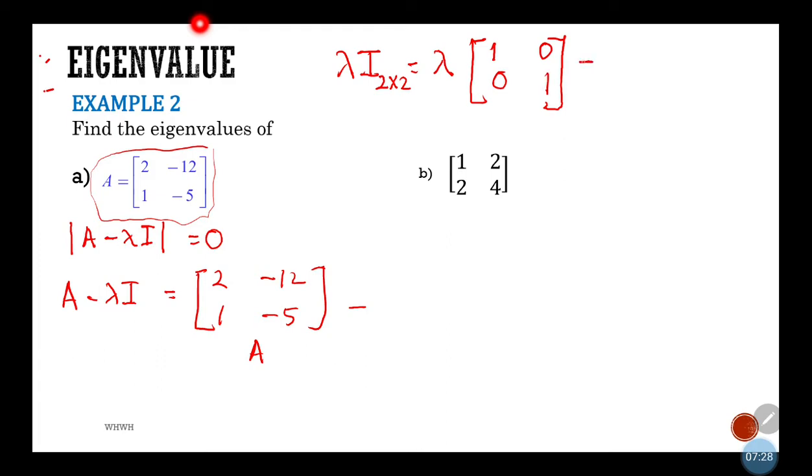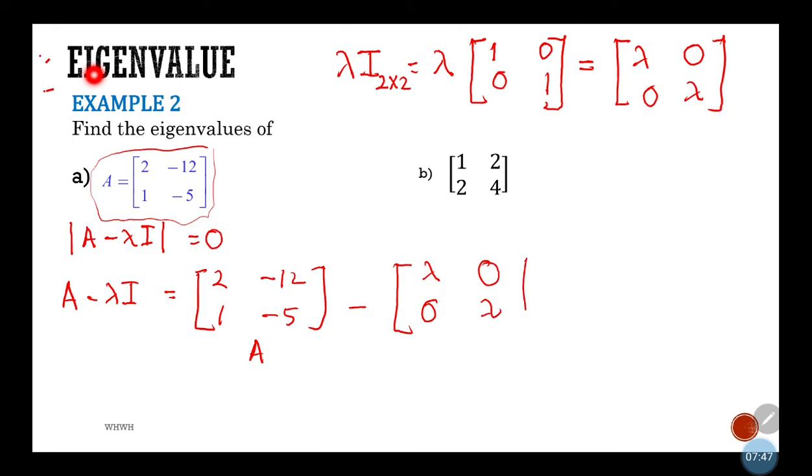In this case, lambda times I will give you lambda, 0, 0, lambda. See? So this is the matrix lambda times I. So from here you get matrix A minus lambda I is equal to 2 minus lambda.